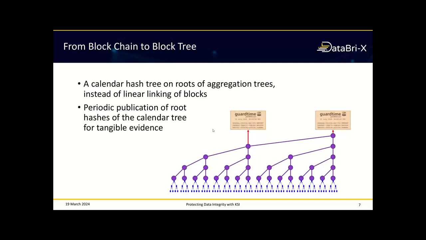This way, we are able to provide tangible physical evidence that can be used to verify the integrity of the digital ledger, even in case that GuardTime ceases to exist and the KSI service is not operating anymore. So this is a very, very strong guarantee of long-term evidentiary value of KSI timestamps for our customers.